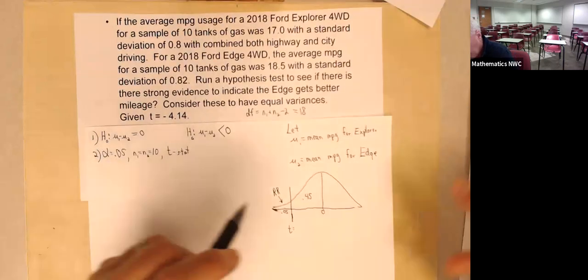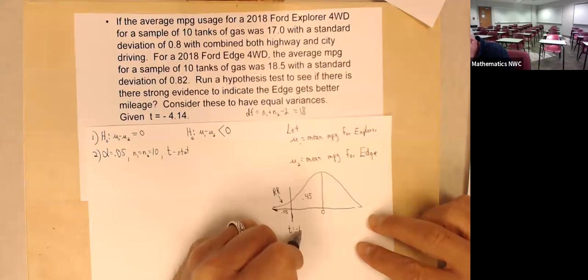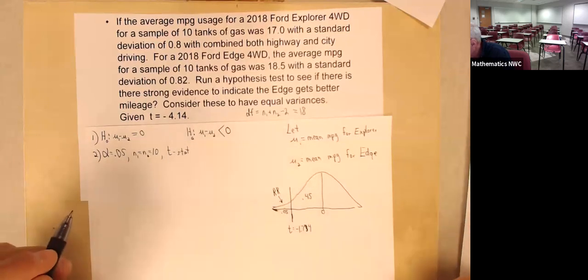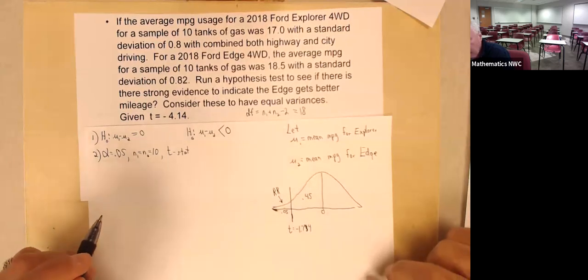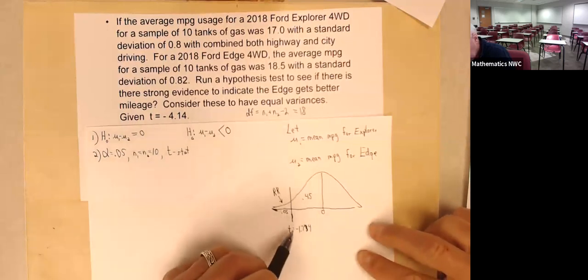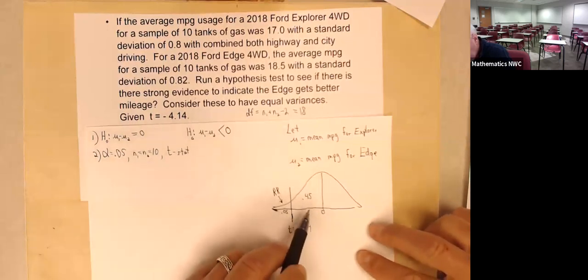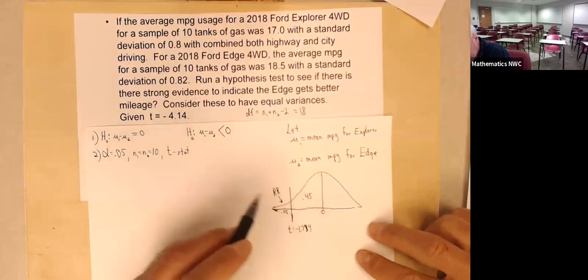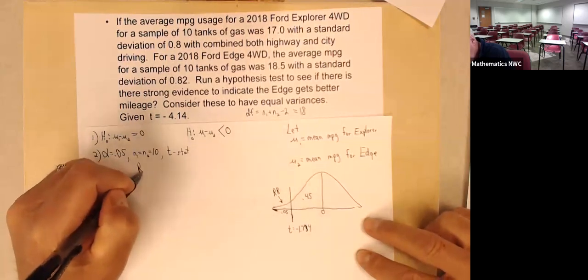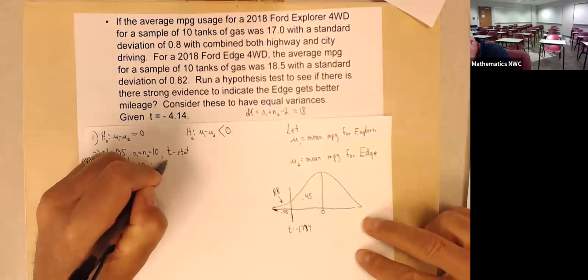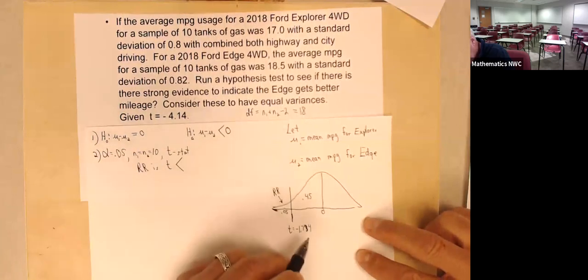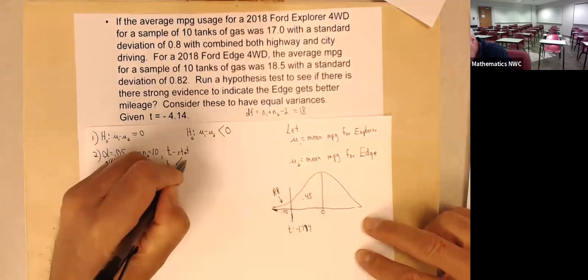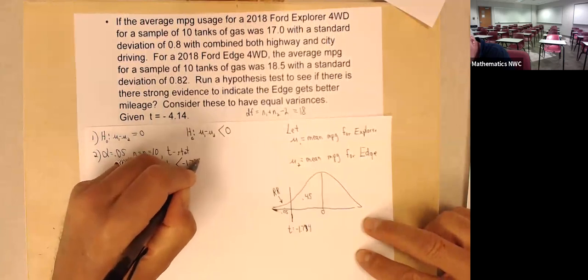1.734. That's negative because it's on the left side. If my t-score goes over that, my rejection region would be t less than that line in the sand, negative 1.734.